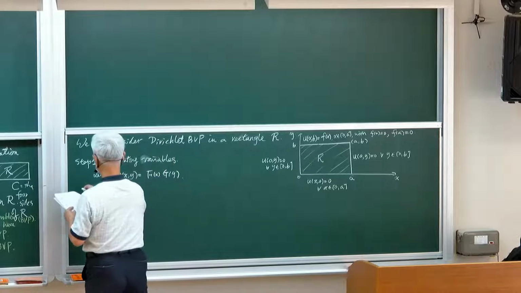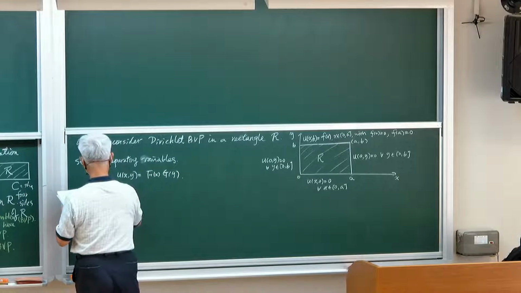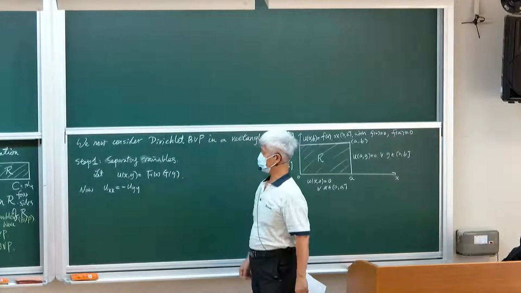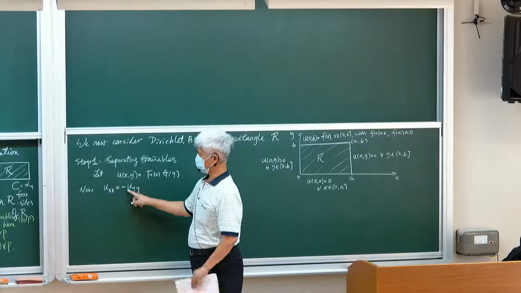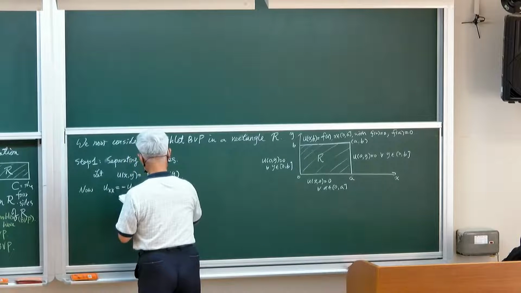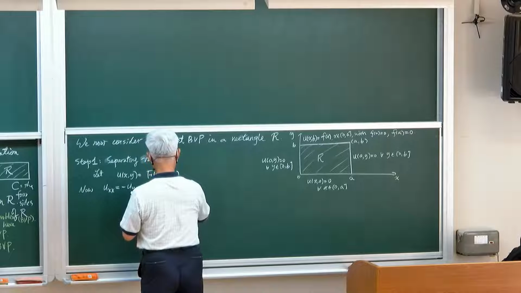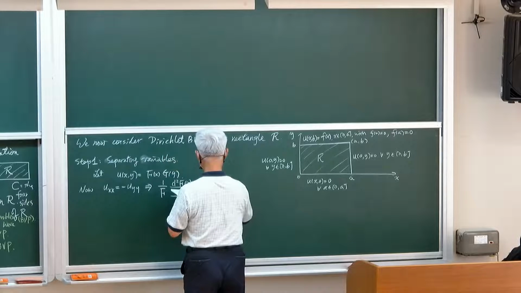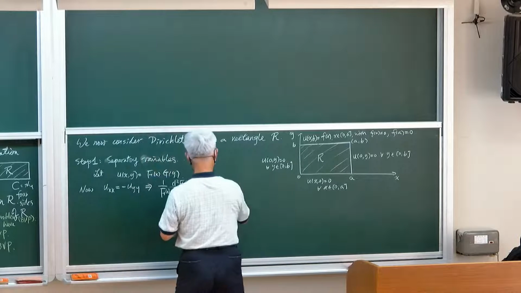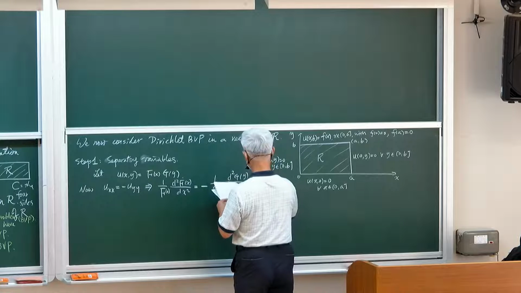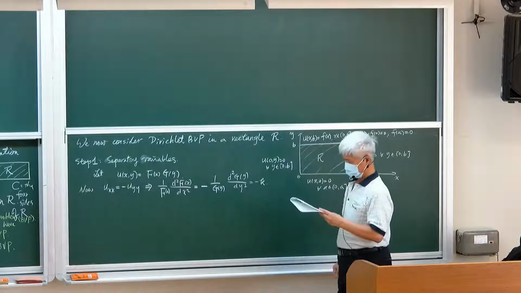Now the Laplace equation gives us this equation. So we have F''(x) over F(x) is equal to minus G''(y) over G(y), which we denote to be minus k.